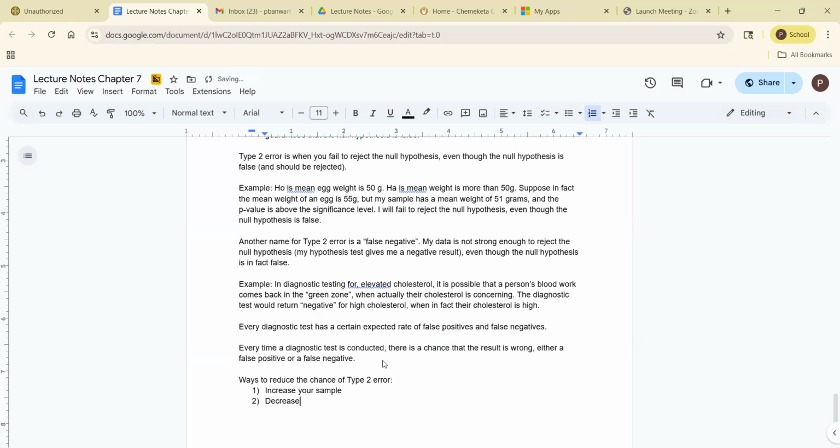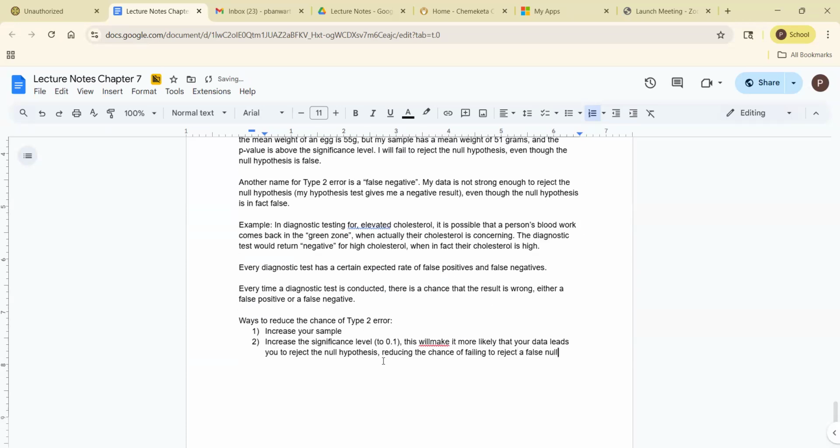If you increase the significance level, say to 0.1 instead of 0.05, this will make it more likely that your data leads you to reject the null hypothesis, reducing the chance of failing to reject a false null hypothesis.